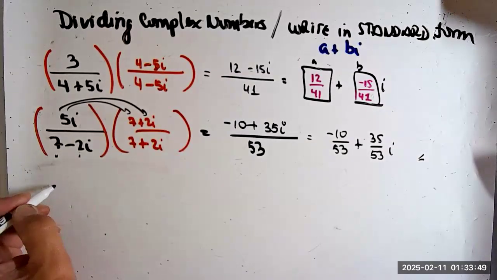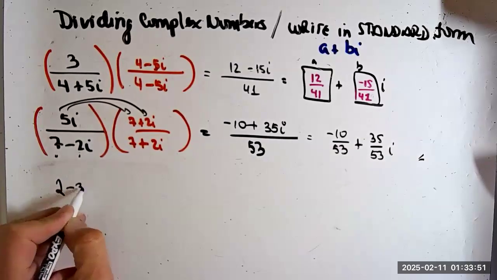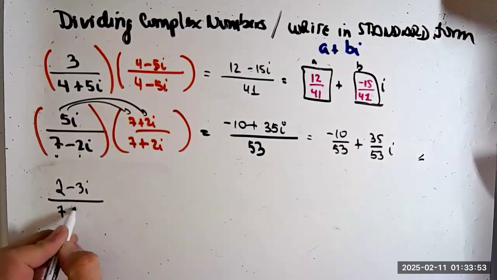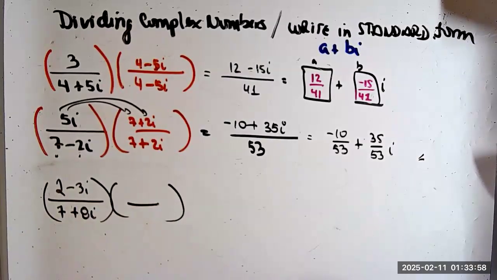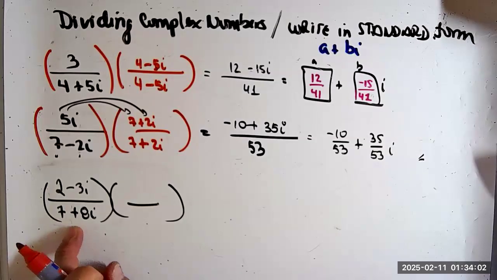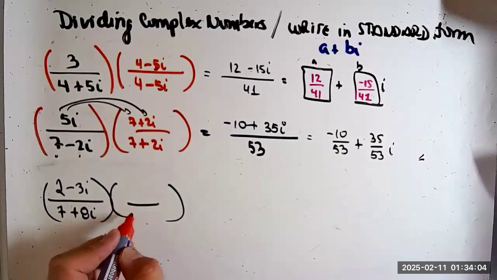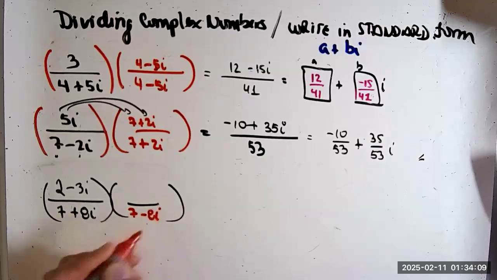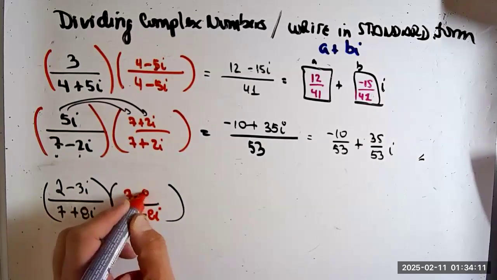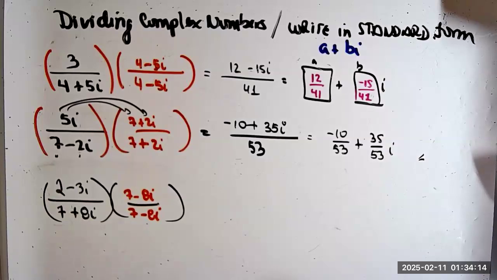Okay, let's try one more. 2 minus 3i over 7 plus 8i. Its conjugate will be 7 minus 8i. Work on the denominator first to see what we get.